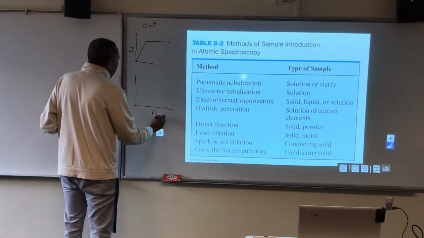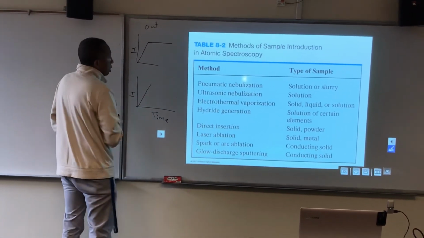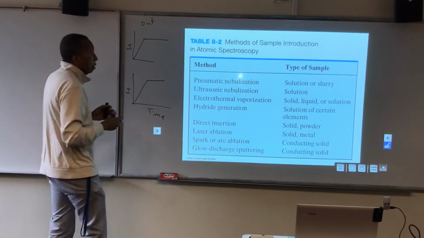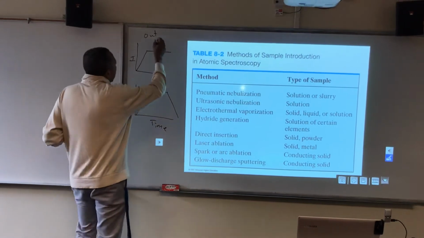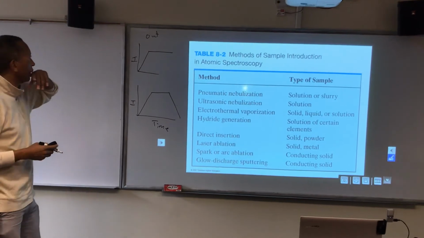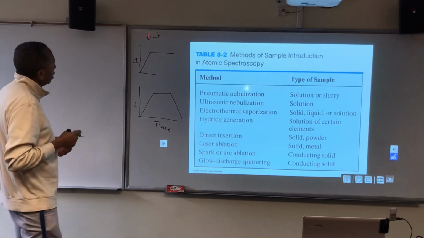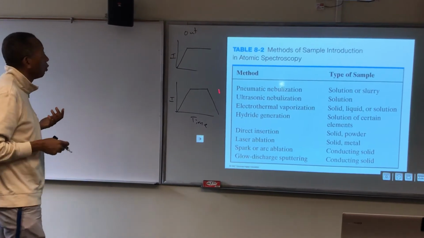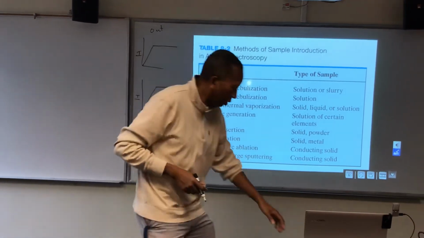If this is a function of time and sample intensity, the signal is going to increase, then remain constant, and then decrease. Remember, we vaporize the sample, the vapor gets into the beam of light, and after a while there's just no more sample, it just disappears. So you have to keep in mind that these methods give different outputs. The most common one is the continuous kind.